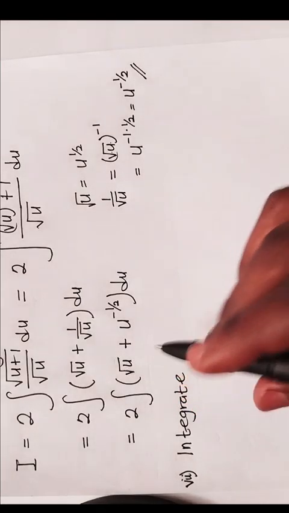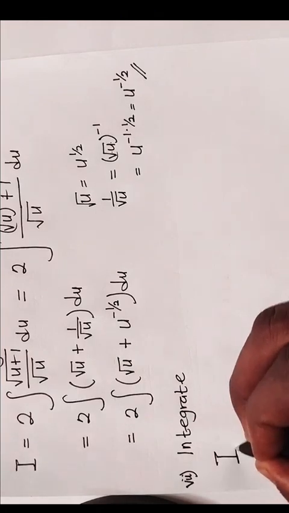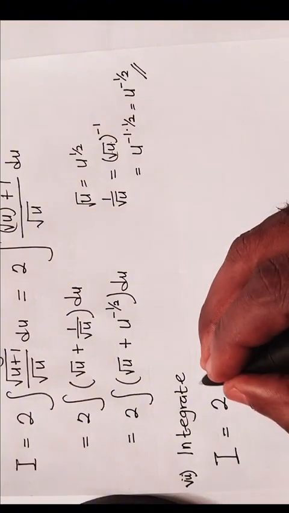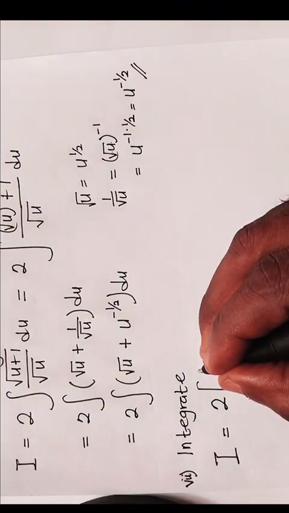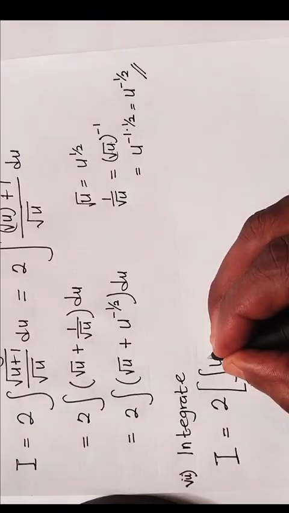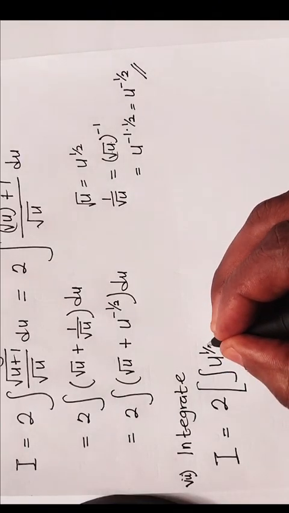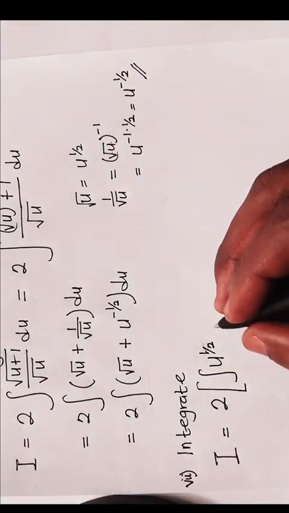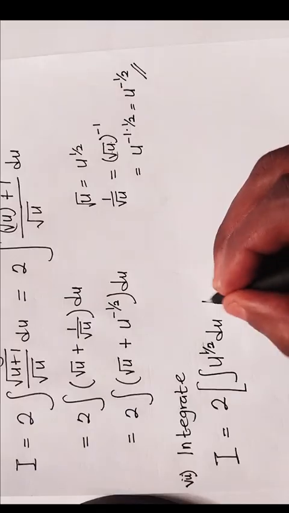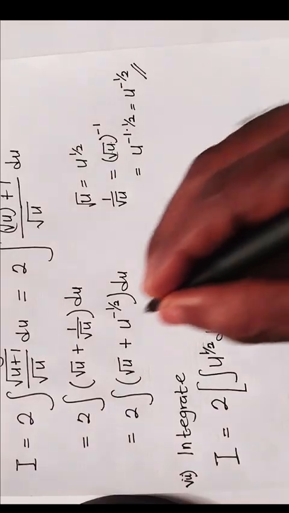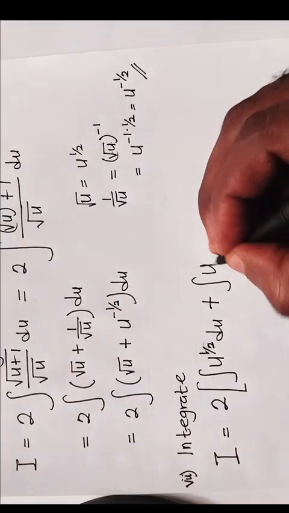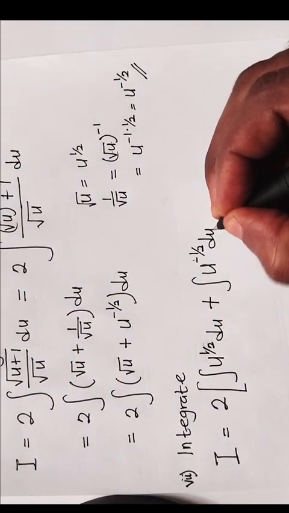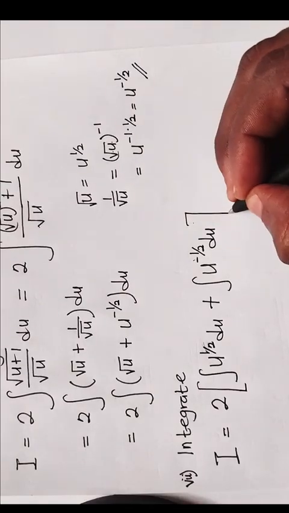So if we integrate, we'll bring down the 2 into the integral of u raised to the power of 1 all over 2, because square root of u is equal to u to the power of 1 all over 2. Then the u plus the integral of this u raised to the power of negative 1 all over 2 du, and we close the bracket.